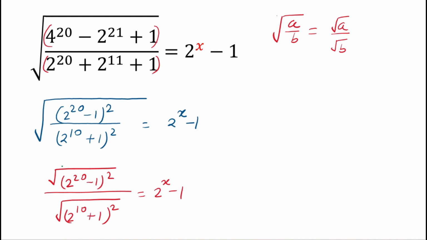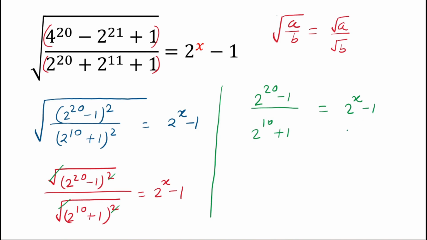Now the square root is cancelled out by the square. Then we have (2^20 - 1) divided by (2^10 + 1), equal to 2^x - 1.